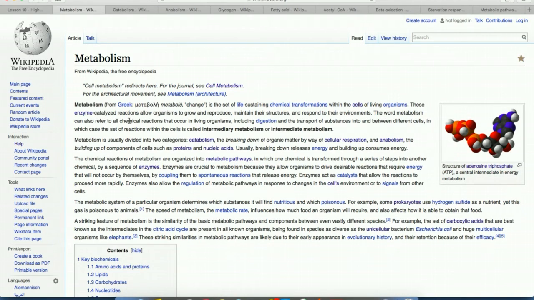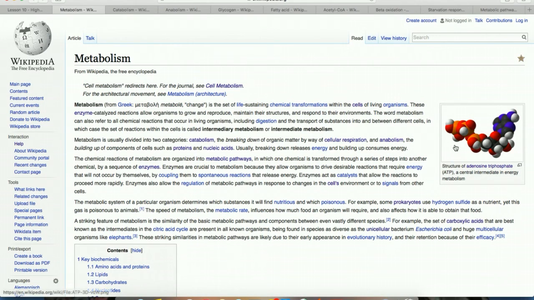These enzyme-catalyzed reactions allow organisms to grow and reproduce, maintain their structure, and respond to the environment. Chemical reactions that occur in living organisms, including digestion and the transport of substances. So that could also be metabolism.